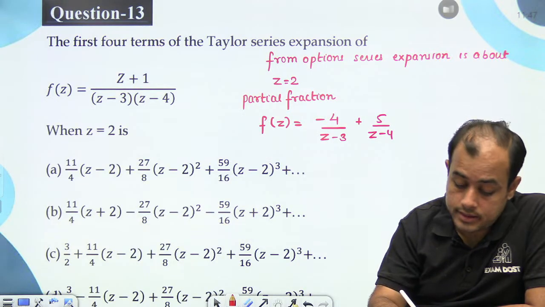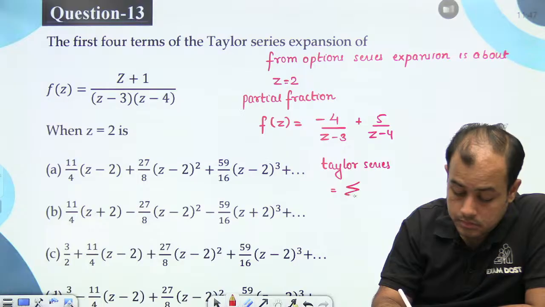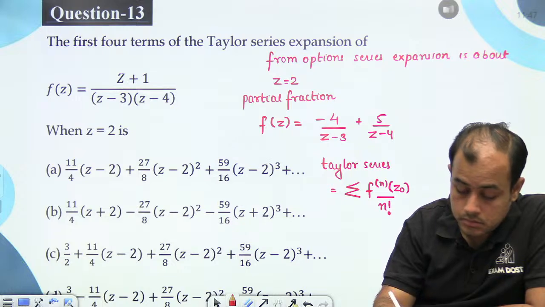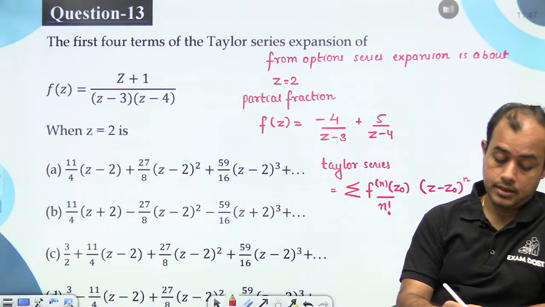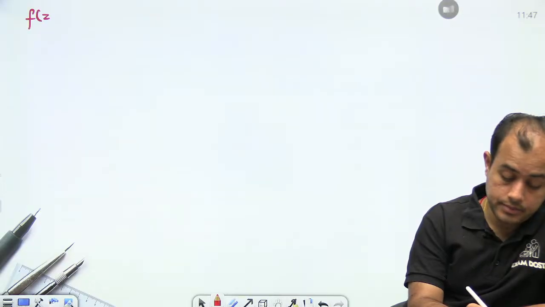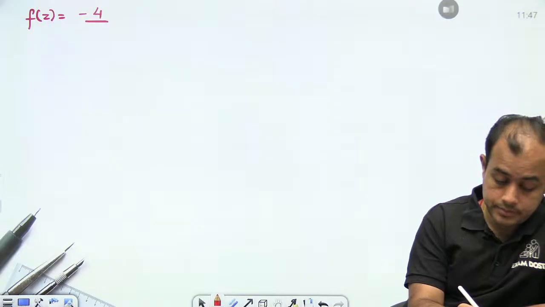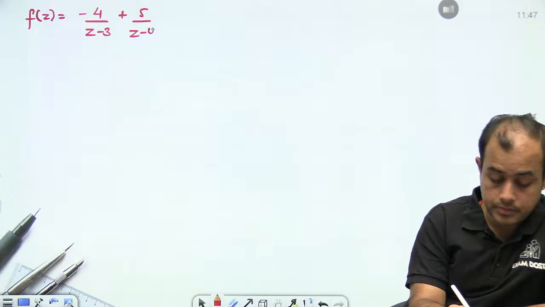Now, what is the Taylor series? Z minus z naught to the power n. Okay. तो माई फंक्शन ऑफ z -4 बाय z -3 प्लस 5 बाय z -4.